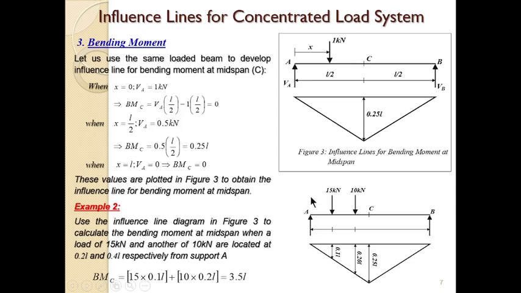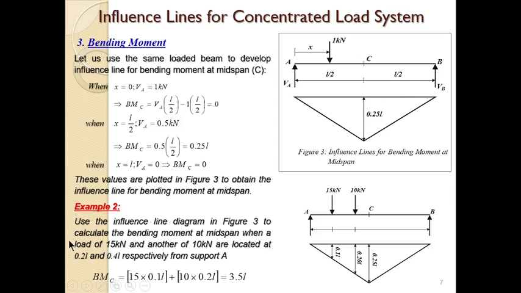And so we can go ahead and plot that information: when x equals 0, bending moment is 0. When x equals L over 2, bending moment is 0.25 L. And when x equals L, bending moment is 0. So we can plot and you have this. Remember that for bending moment, positive is down and negative is up. That's why we plot this inverted triangle.